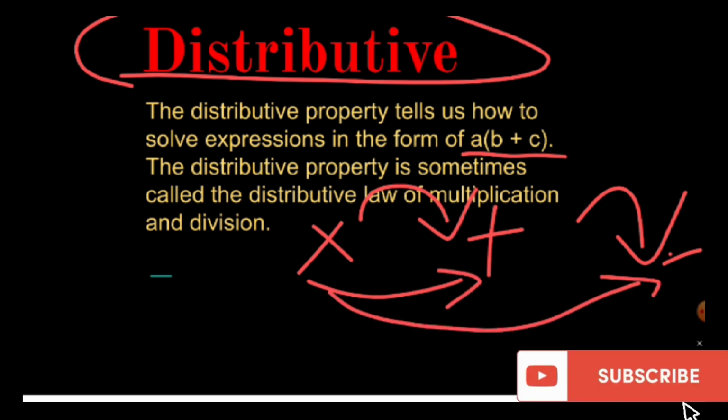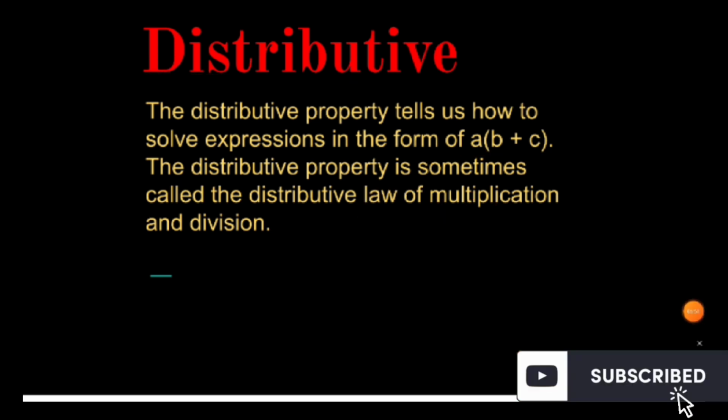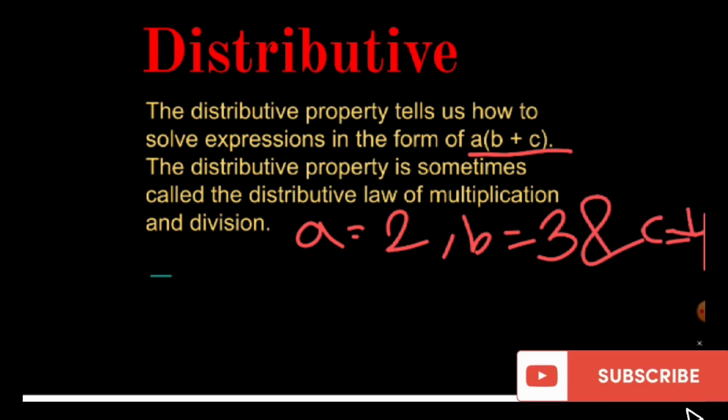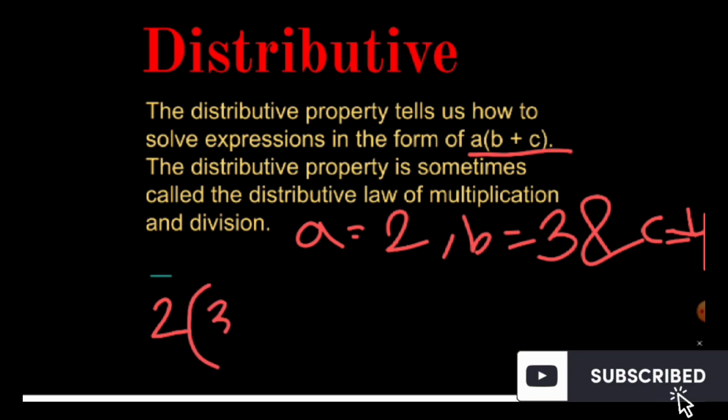Let's understand it with an example. Suppose in this expression a is 2, b is 3 and c is 4. So a, that means 2, into b is 3 plus c is 4.